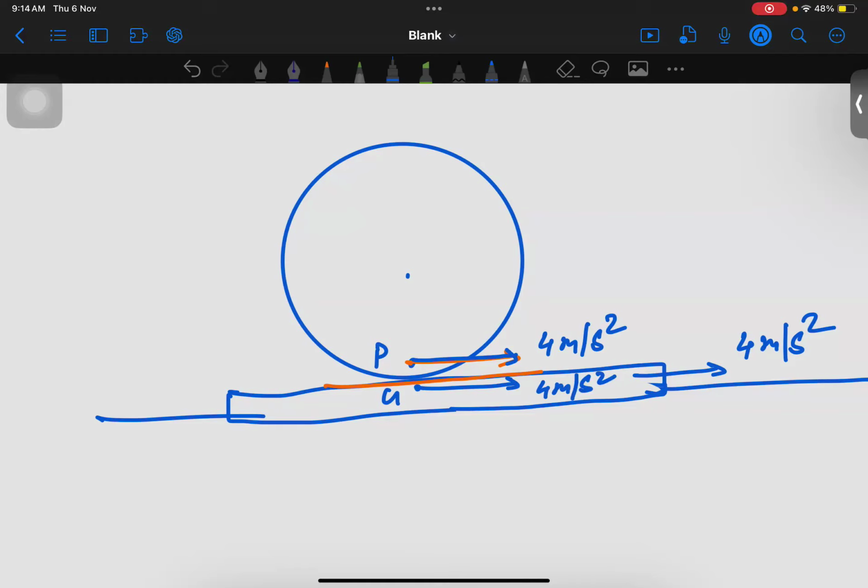And since there is acceleration, the acceleration of the center of mass we'll come to. But in this case, we would say that it is an accelerated rolling motion. Okay? Accelerated rolling.